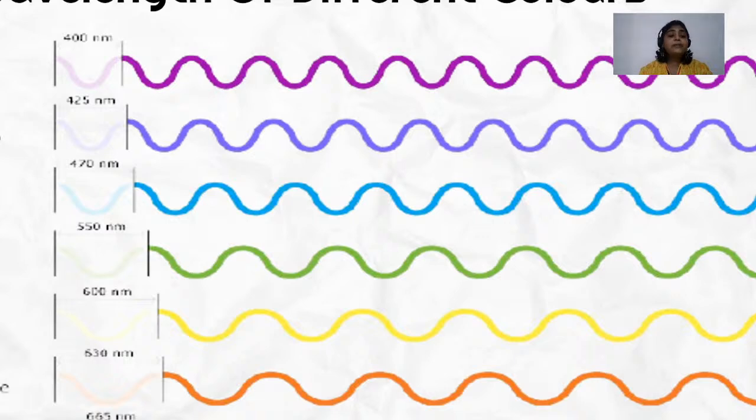Sorry, let me correct that: red is 665 nanometer, orange is 630, yellow is 600, green is 550, blue is 470, indigo is 425 nanometer, and violet has the least wavelength, 400 nanometer.